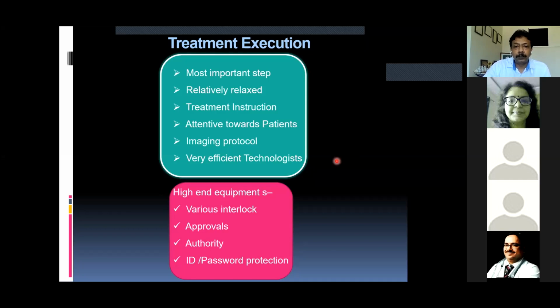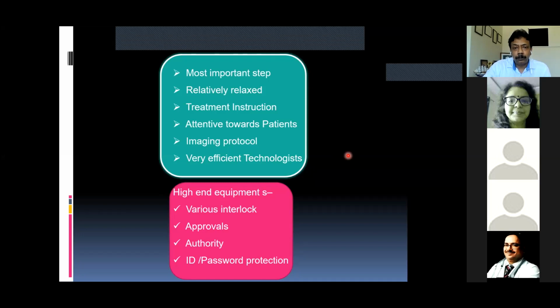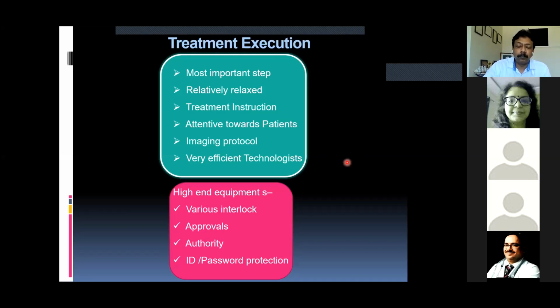Technicians should be attentive towards patients, and we should clearly mention the imaging protocol. So very efficient and more dedicated technological staff is needed to execute conformal radiotherapy.